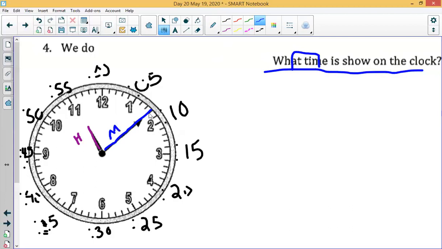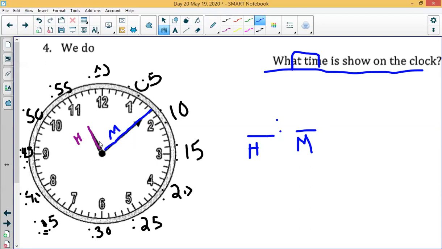Okay, so let's start with our hour. So let's go ahead and write our lines where we're going to write our time. All right, so please make your paper look like mine.